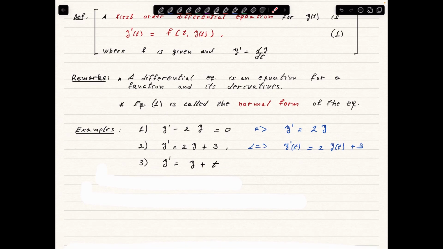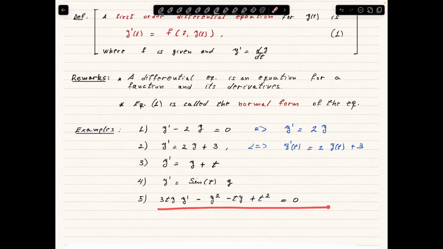Another example of a differential equation, a little bit more complicated, is this one, where the dependence in time is more complicated: sine of t multiplied by y times y prime. It is the same as this equation, but now instead of a coefficient that is a constant, we have a function of time.